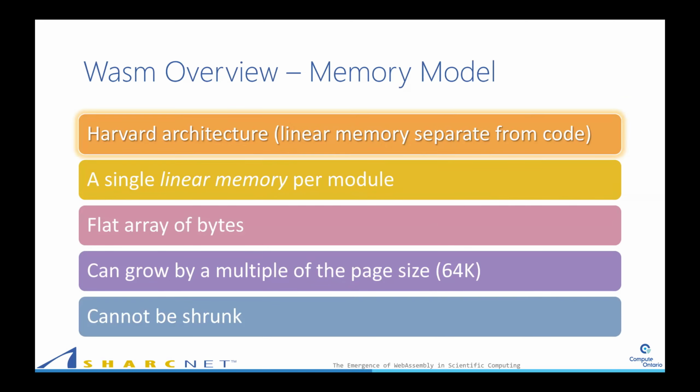Wasm is a Harvard architecture rather than von Neumann, which means linear memory is separate from code. Each Wasm module has access to a single resizable array of bytes known as its linear memory, which is a flat array of bytes, and can grow by a multiple of the page size, but cannot be shrunk.